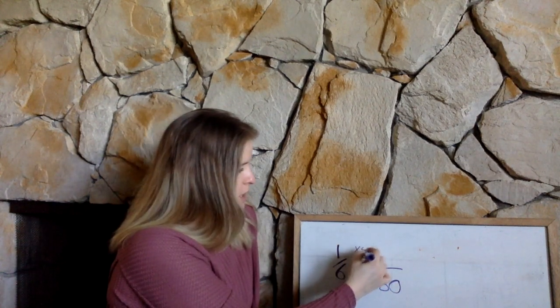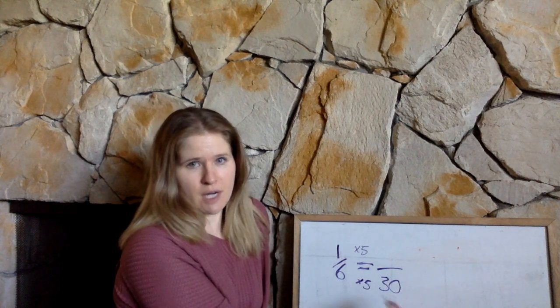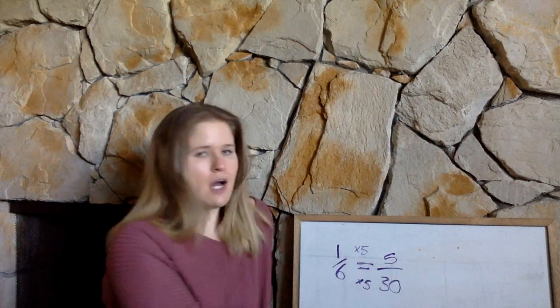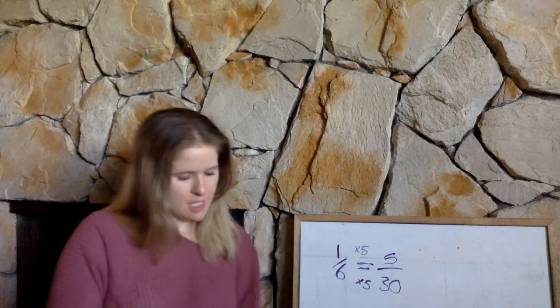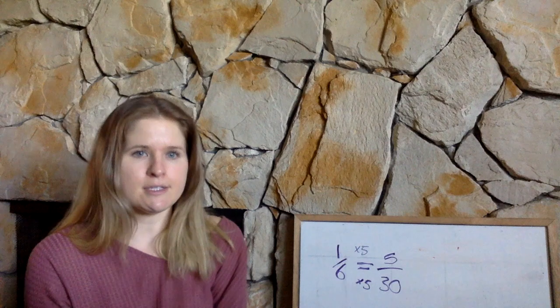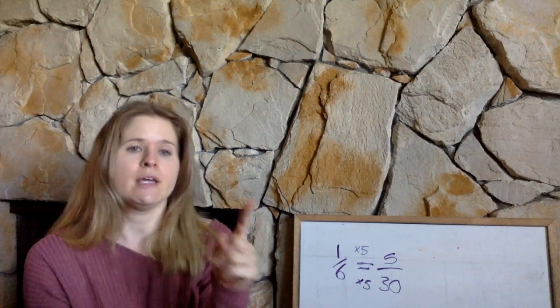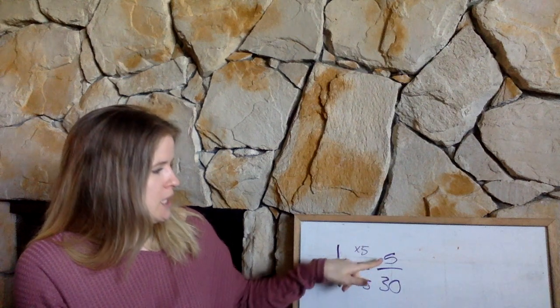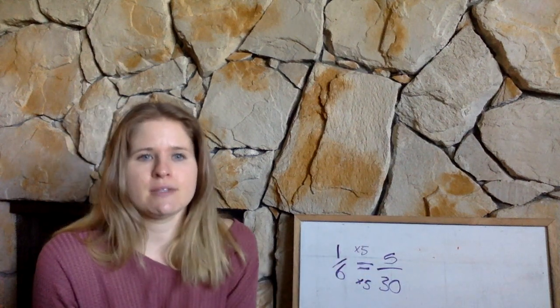So I'm going to multiply 1 times 5, which will give me 5. So in a dice roll trial that you're rolling the dice hoping to get number 1, and you roll the dice 30 times, your probability is going to be 5/30.